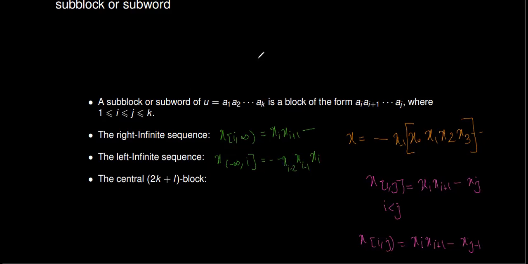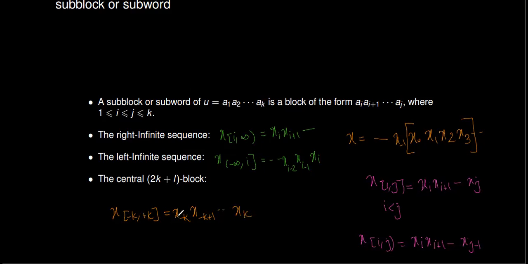And we have another notion, the central 2k plus 1 block or word. We denote it by this notation, and it would be x minus k, x minus k plus 1, till xk.